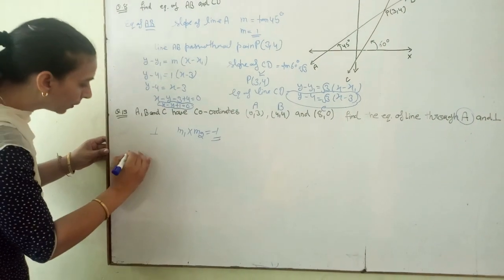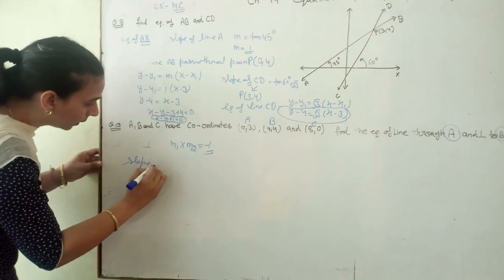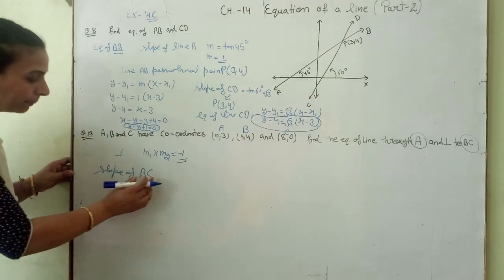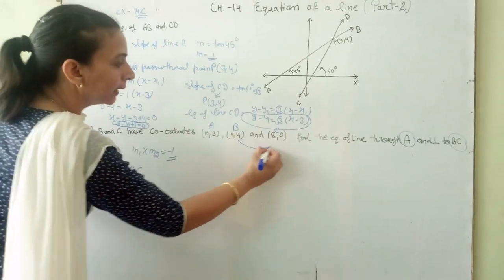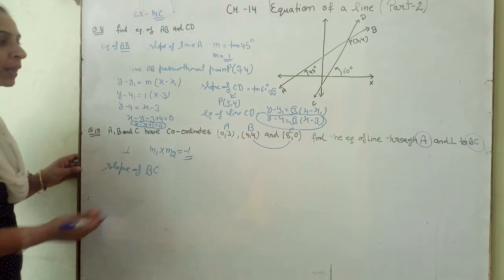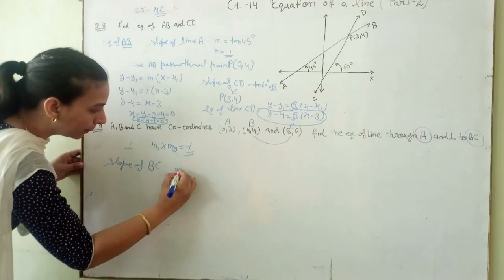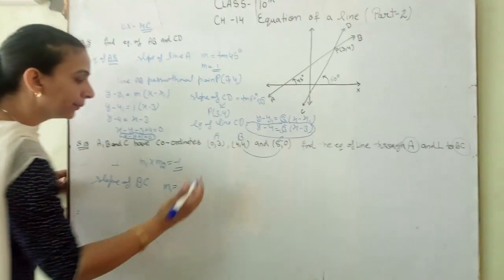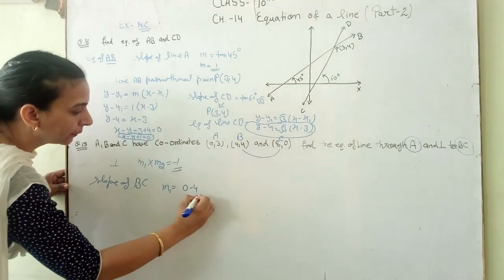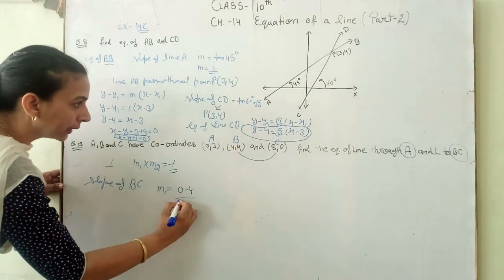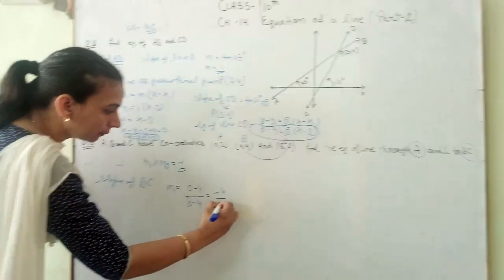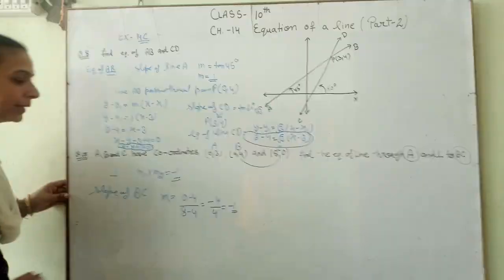First we find the slope of BC. Slope of BC means two points B and C, by the two point form. Let the slope of BC equal M1. Then y2 minus y1, 0 minus 4, over x2 minus x1, 8 minus 4, that is minus 4 by 4, equals minus 1.